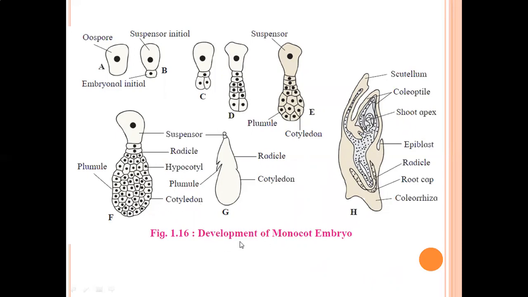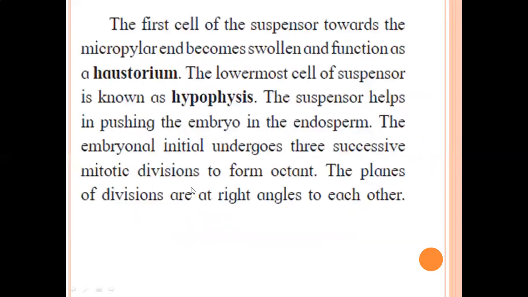Okay, after that, in diagram G, this suspensor will disappear or disintegrate, and only the plumule with radicle are there. It is the cotyledon in monocotyledonous plants. It is the radicle, and here there is the plumule. Radicle will give rise to the root system, and plumule will give rise to the shoot system.